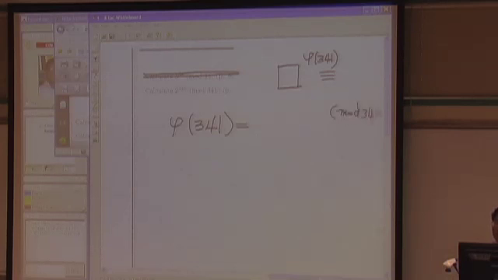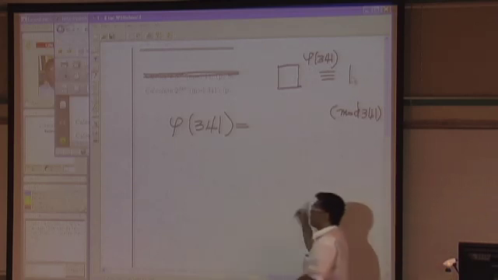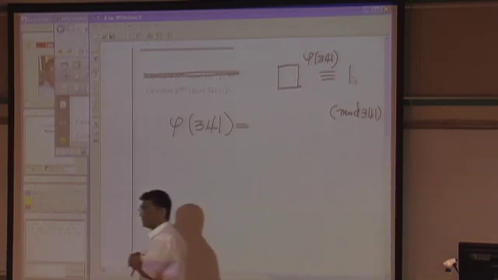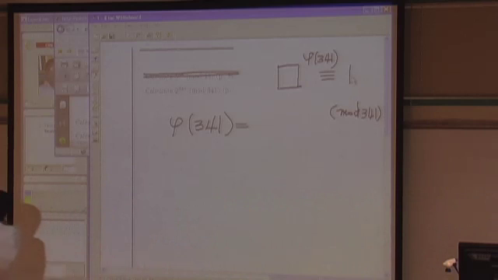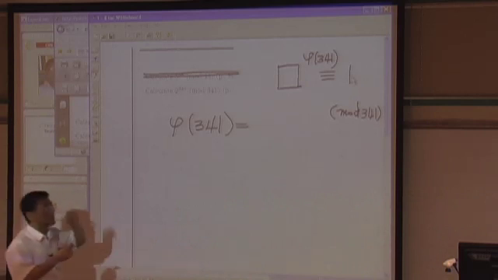Can you guess the number? The right side? Any number to the power of phi of 341 is equal to what? 1 by Euler's theorem, right? Or if it is prime, Fermat's theorem. So Fermat is a special case of Euler's theorem because phi of a prime is p minus 1.